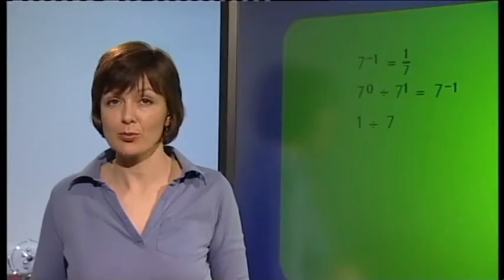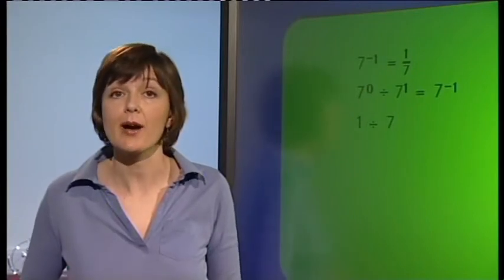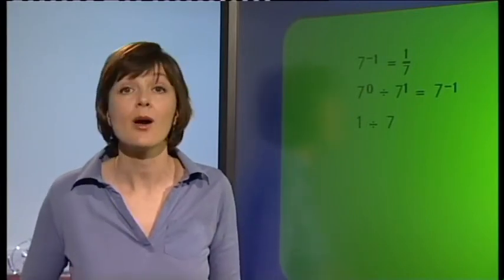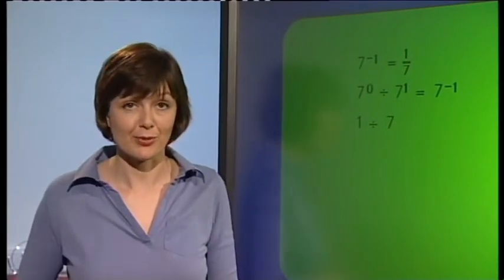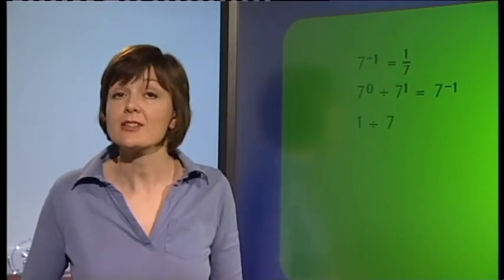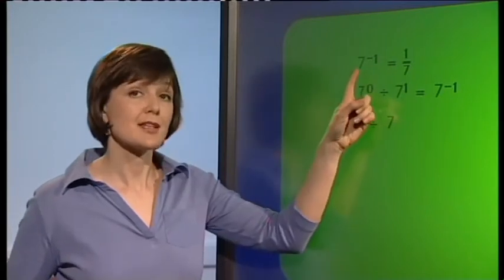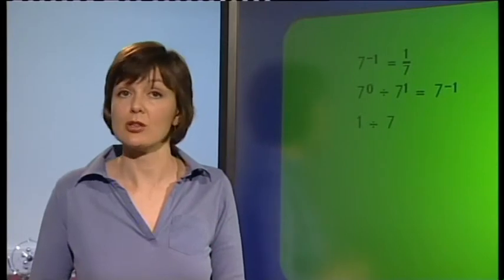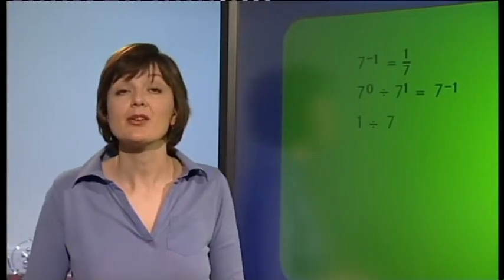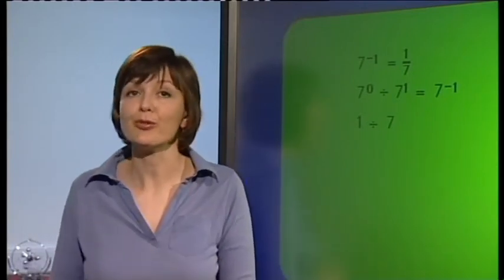By the way, the rules we have for adding and subtracting the powers when we multiply or divide work just as well with negative powers as they do with positive ones. It's not just 7 to the negative 1 that has a meaning, all negative powers make sense too. To see that, I'm going to give you a third rule for working with powers.